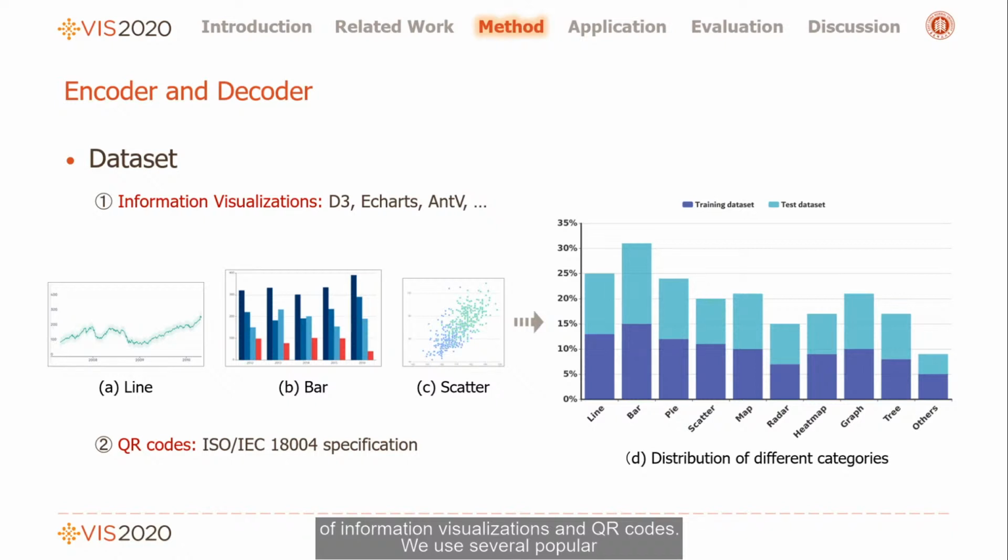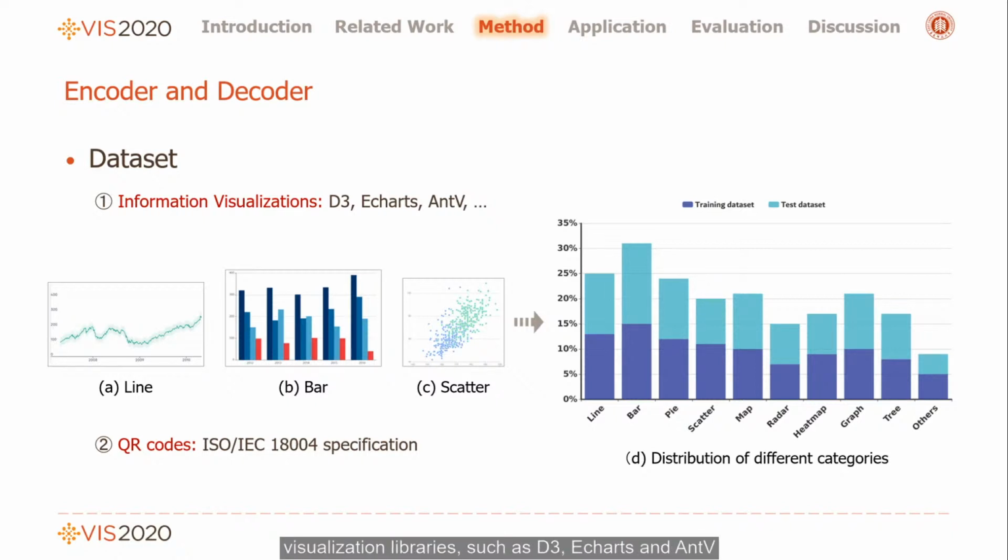We use several popular visualization libraries, such as D3, ECharts, and AntV, to generate carrier visual designs in 10 categories. Here shows the distribution of this visualization dataset. We randomly generate QR codes with various character lengths and various error correction capability levels.